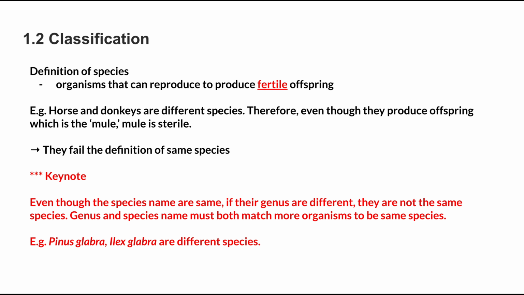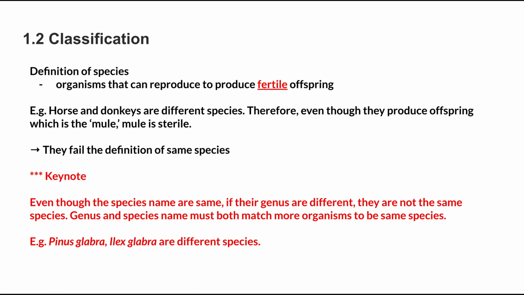They do not belong to the same species. One keynote is that even though the species names are the same, if their genus is different, they're not the same species. Genus and species name must both match for organisms to be the same species.